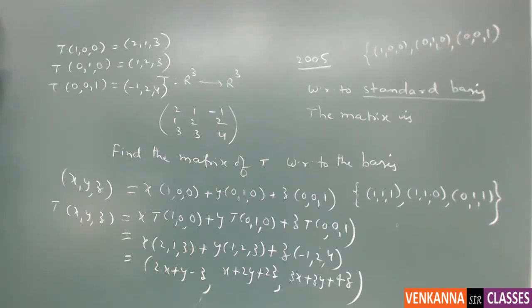So I multiplied the scalars with the basis, I obtained the image, and then for the domain basis, I have written the linear combination, obtained the values of A, B, C in terms of X, Y, Z, then I applied T, and after simplification I got the transformation. Here obtaining the transformation is easy because the columns are nothing but images, and if you substitute the images, straight away you will get the transformation because the matrix is obtained by means of the standard basis. That was the difference. Okay.